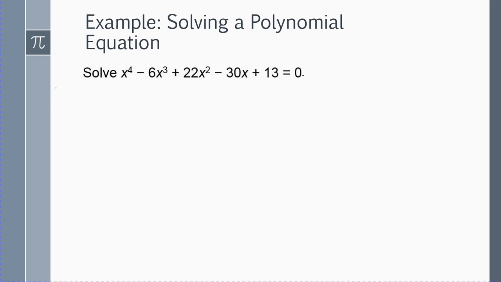So again, start by finding the possible rational zeros.